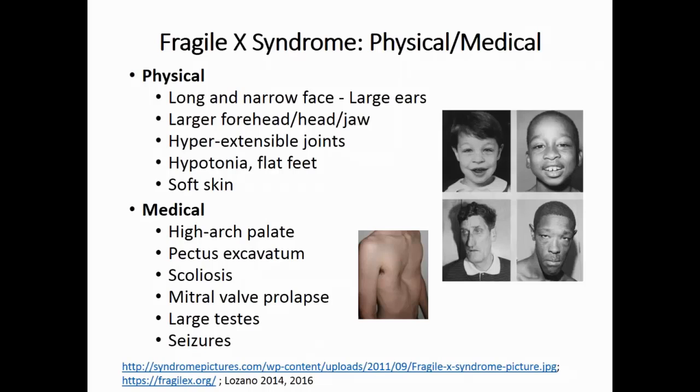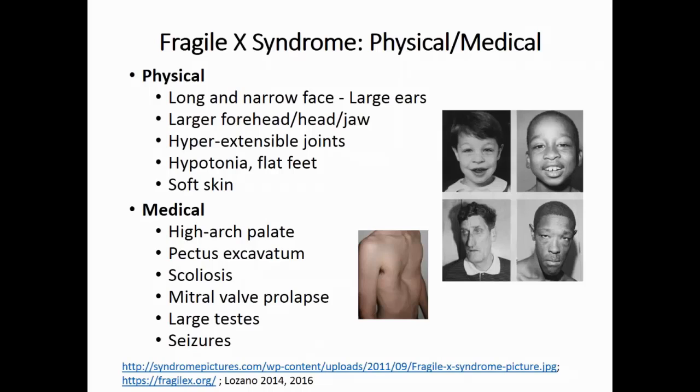Many have a large head called macrocephaly, and they have a prominent jaw. Their palates are high-arched, and their finger joints hyperextensible. They have some hypotonia, or low muscle tone, and they have flat feet. Their skin is soft. Their chests often have an inward dent into the sternum called pectus excavatum. They often present with scoliosis and mitral valve prolapse.